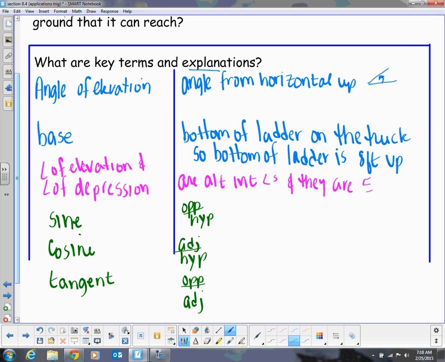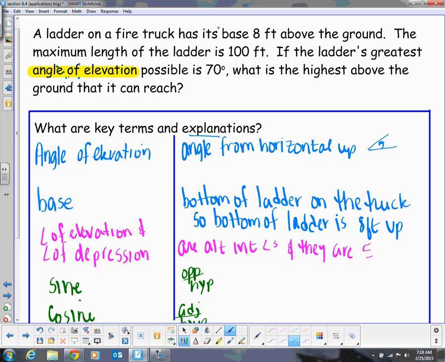All right, so in our brains now, we've brought forth our little folder about angle of elevation, angle of depression, and their relationship. We've unpacked what it means for the ladder to have its base on the truck. We're thinking that, because of the angle of elevation, maybe we're going to be involving trig. Is there anything else we need here?